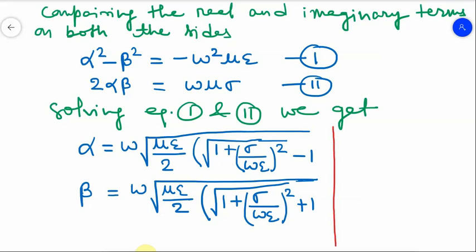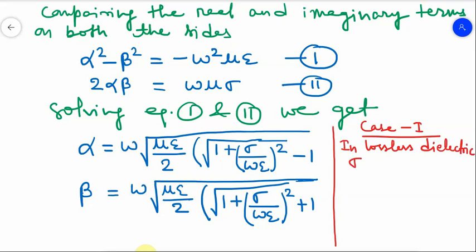So one case is a lossless dielectric. These equations are for lossy dielectric, and now I am considering the lossless dielectric where there is no loss. So for lossless dielectric, what are the assumptions?